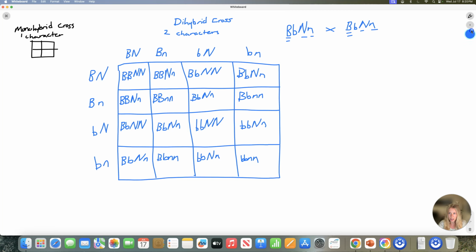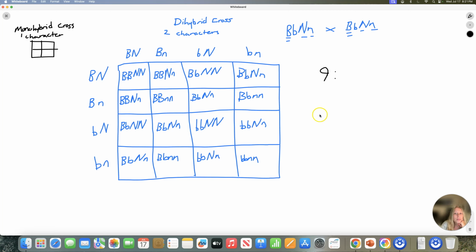So we have, I'm going to change the color, 9 black labs with normal vision. The criteria for counting the 9 was they had to have a capital B and they had to have a capital N. The next phenotype is black coat but blind. So this time we're looking for genotypes with a capital B but only lowercase n's.